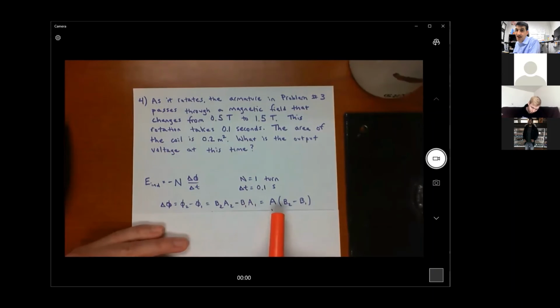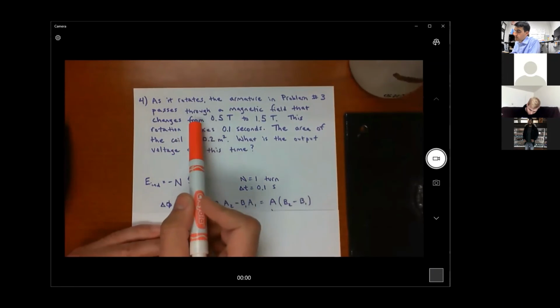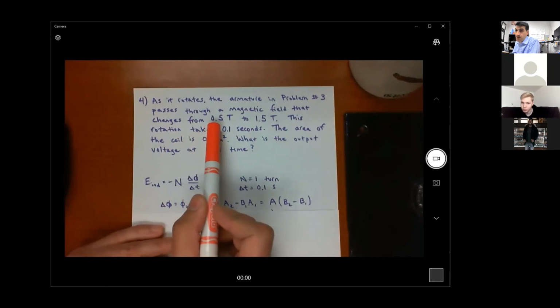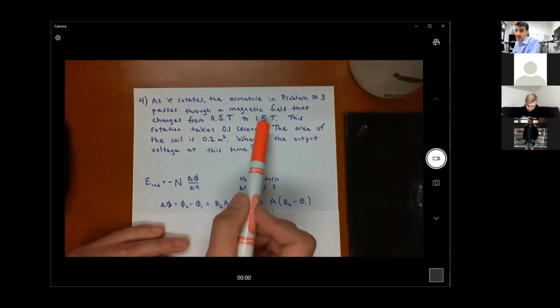Recognize the area is not changing. It's a constant 0.2 meters squared. So you can factor that out, and we get the area times B2 minus B1, the magnetic field strength at time 2 minus the magnetic field strength at time 1.